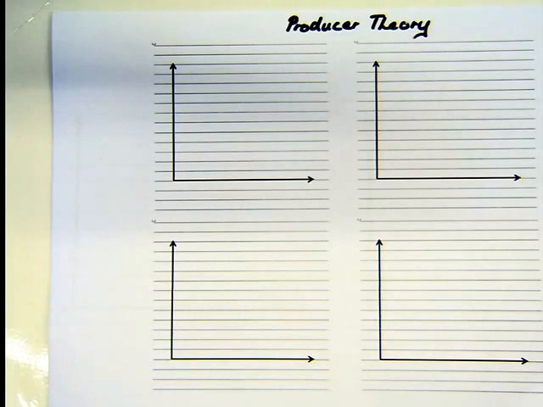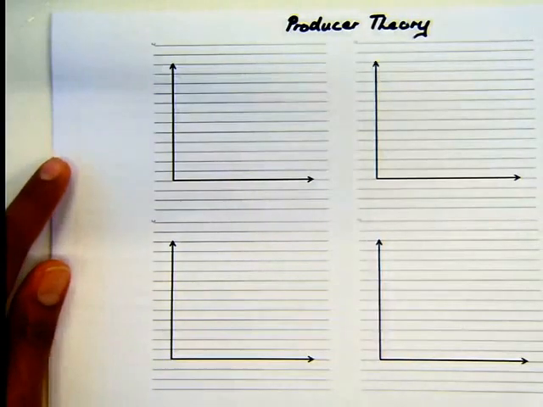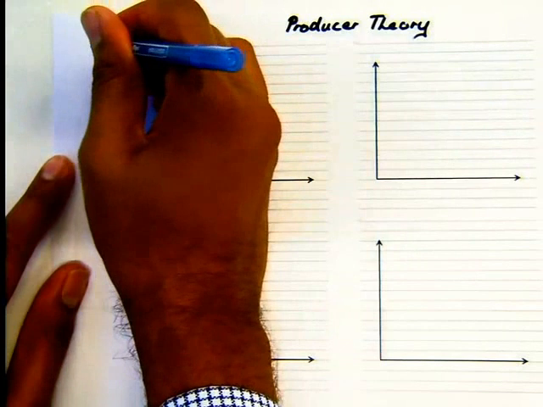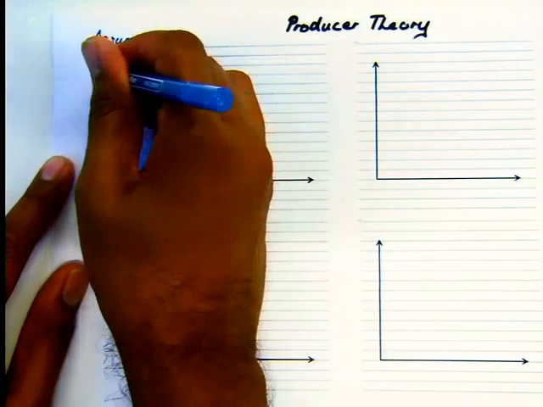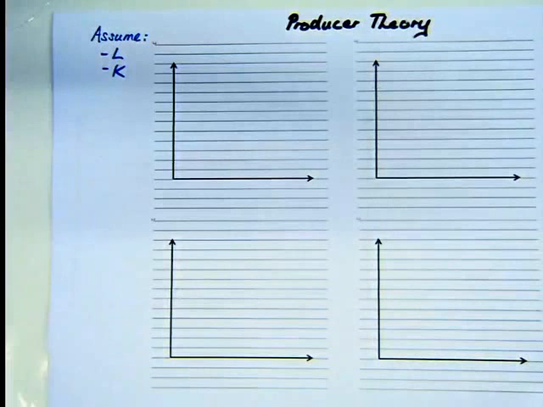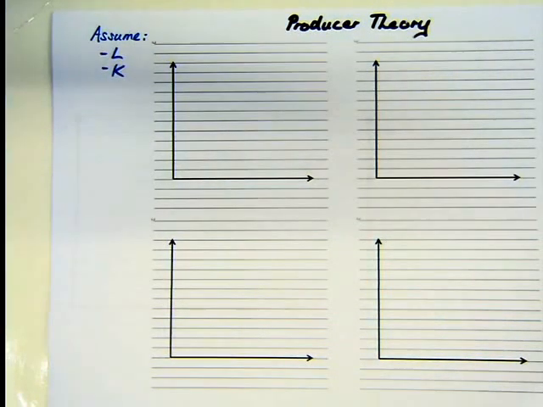Even though there are four resources, in producer theory we assume that there's just labor and capital only. L for labor, K for capital.